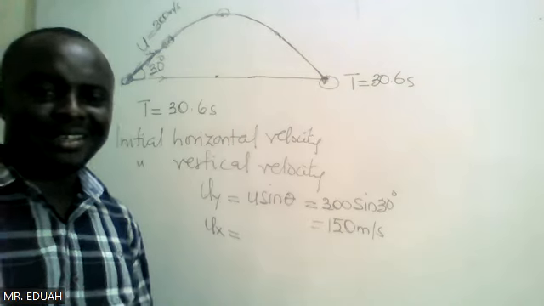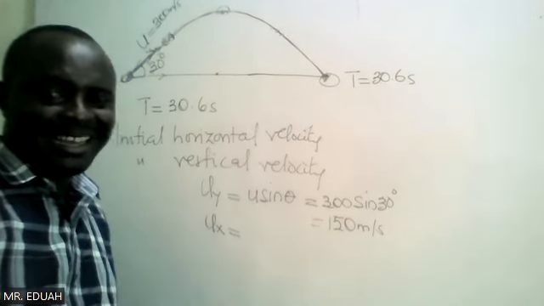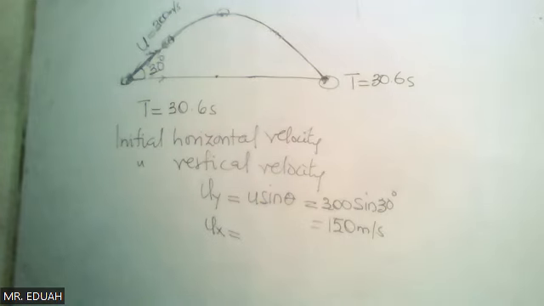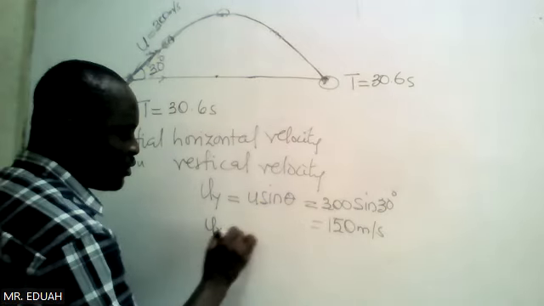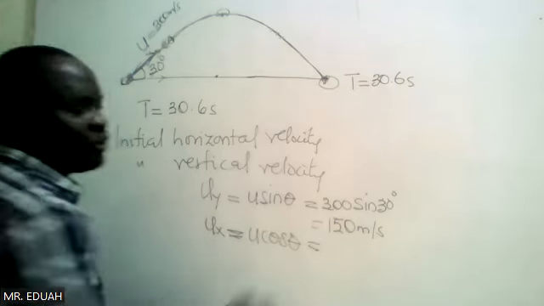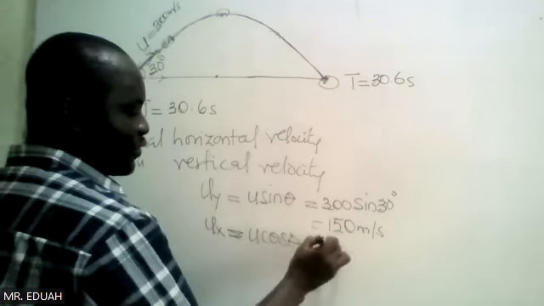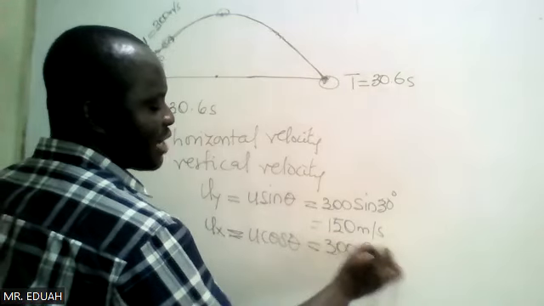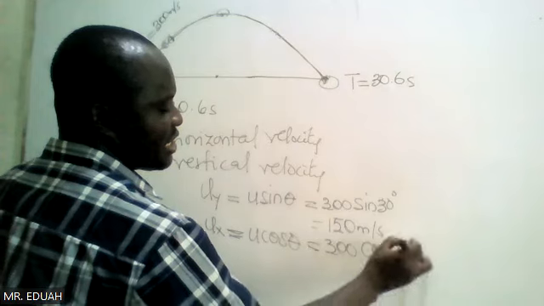It will be u cos theta. And we know u, we know theta. So 300 times cosine of the angle 30.